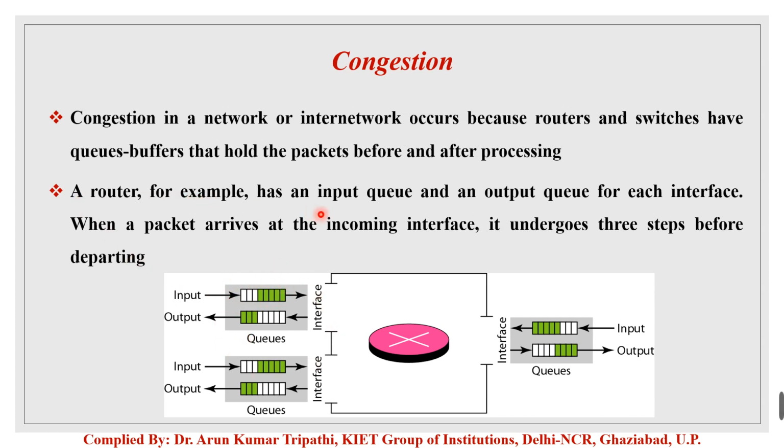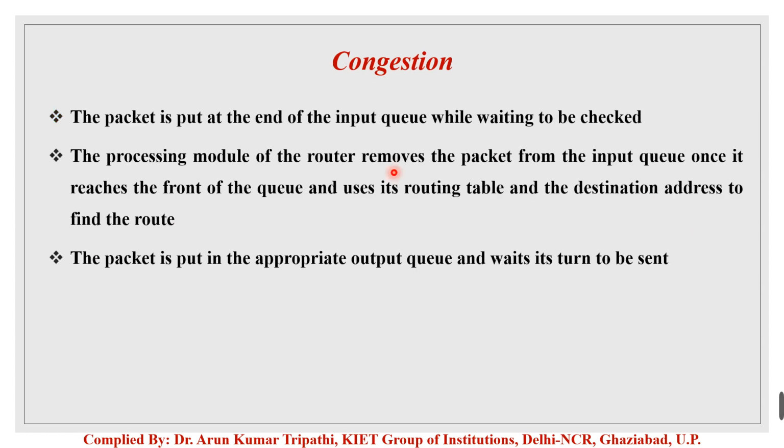A router has an input queue and an output queue for each interface. When a packet arrives at the incoming interface, it undergoes three steps before departing. The packet is put at the end of the input queue while waiting to be checked.